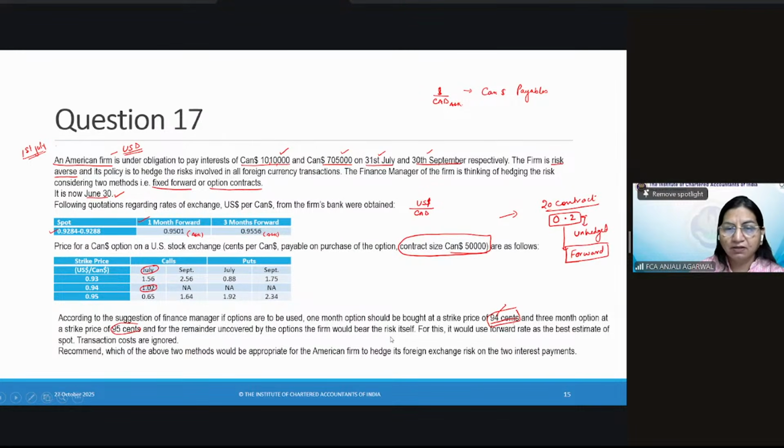However, you cannot then compare outflow for 10 lakh 10,000 Canadian dollars against 10 lakh Canadian dollars, right? So for the uncovered portion, the 10,000 Canadian dollars, we will assume that the expected spot rate is 0.9501 after 1 month. And on 30th September, the expected spot rate for the 5,000 which will remain uncovered is 0.9556.